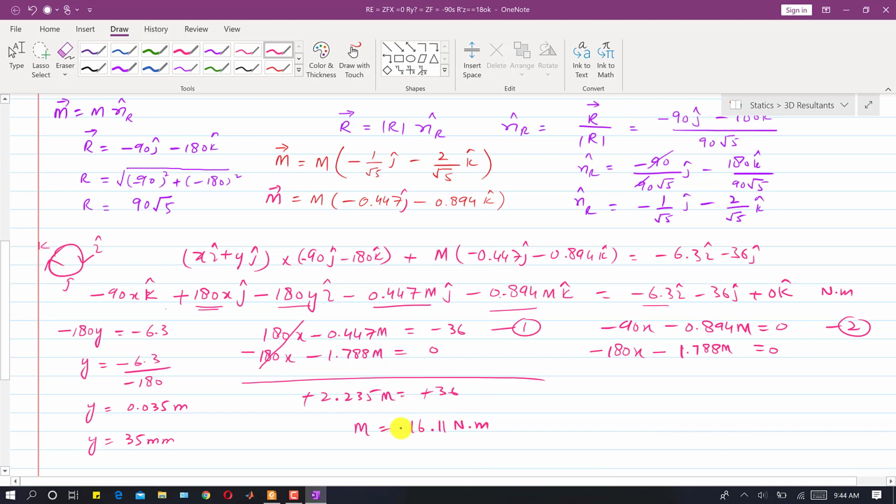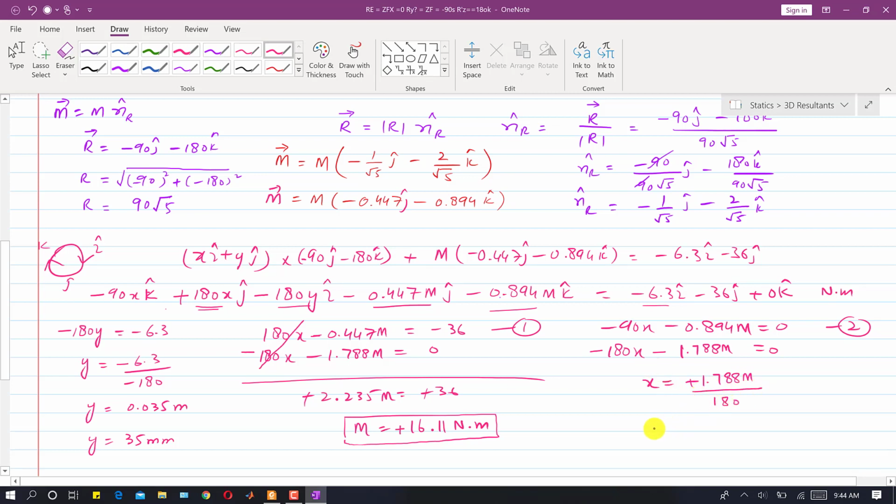This means that the couple magnitude is positive, so this means that the direction that we have assumed is the accurate direction. And now if we put this M value in this equation, x will be equal to plus 1.788M divided by this 180.